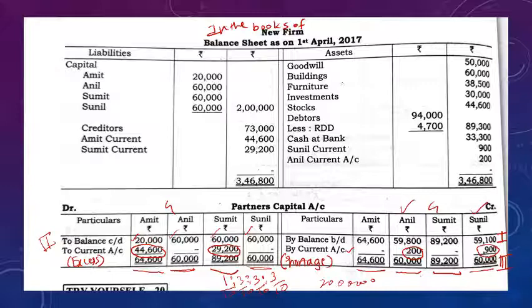So accordingly, we have closed the books of old firms, and lastly, we prepared the balance sheet of the new firm after adjustment of capitals. Right? If you have any doubts, post the doubts to me on my WhatsApp.